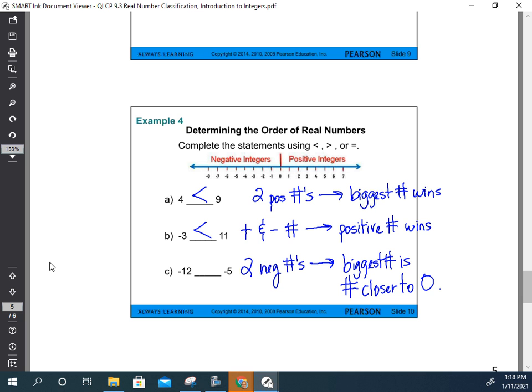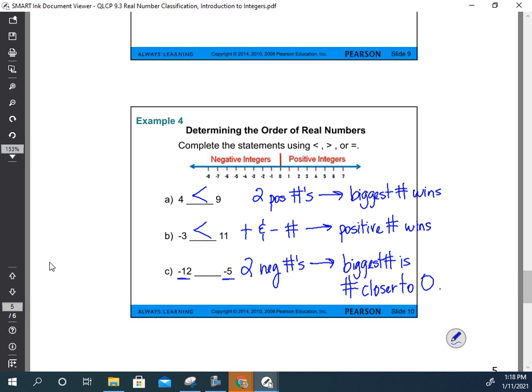So let me put this in terms of money. Would you rather owe someone $12 or $5? You'd rather owe them nothing, let's put it that way. But if you're going to borrow $5 or $12, how much would you rather borrow?